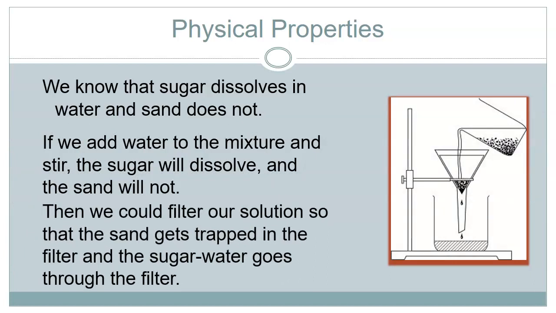Well, perhaps then we could take that new mixture of now 3 substances, sand, sugar, water. Maybe we could filter that, pour it through a filter. The sand will perhaps be trapped then by the filter as the sugar water gets through the filter and is trapped in a container beneath.